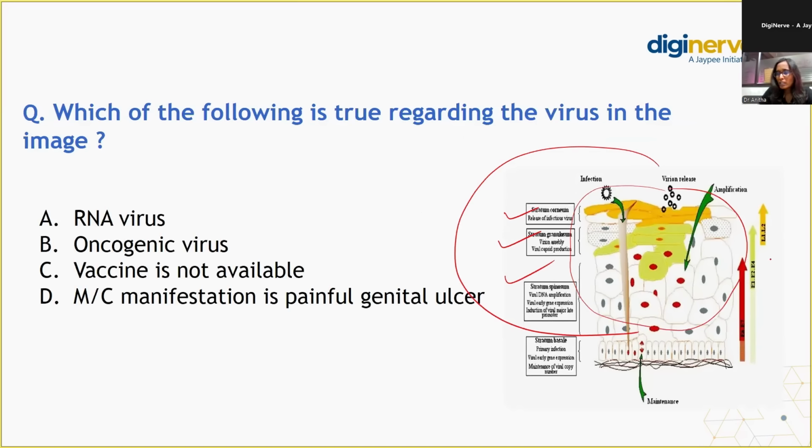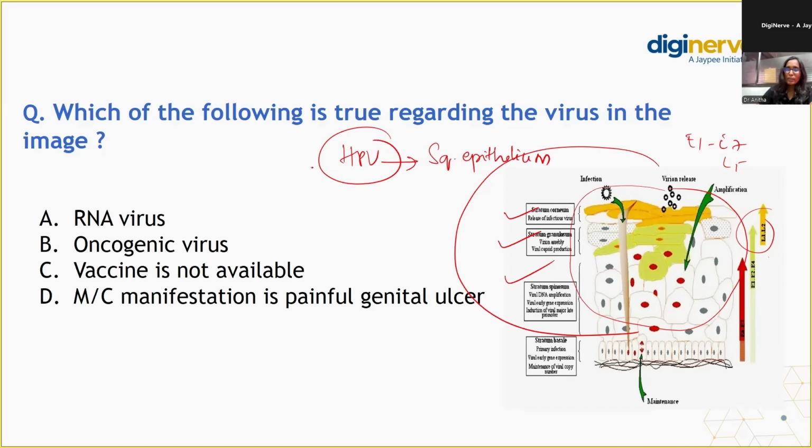And you're able to see early genes E1 to E7 and late genes. So it's a very easy question to answer. This is nothing but human papilloma virus, which has a strong tropism towards the squamous epithelium.